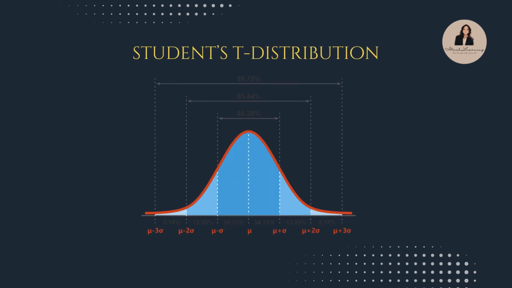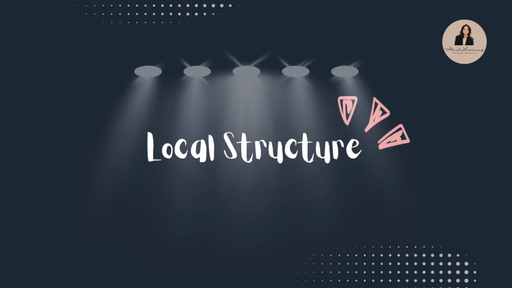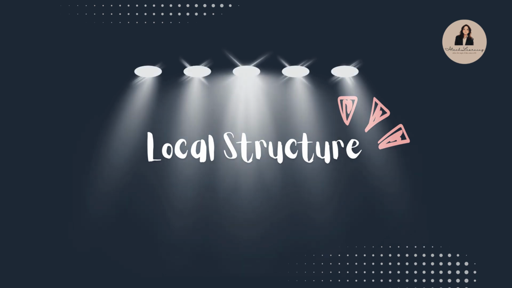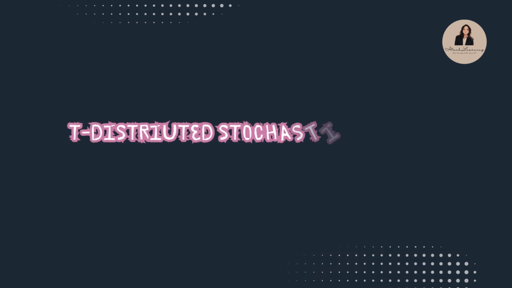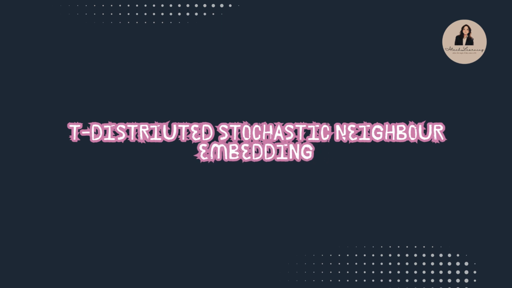t-SNE uses student's t-distribution to calculate the probability distribution between points, and since it mainly focuses on preserving the local structure of data points, concentrating on the neighboring points, it is named t-SNE, which means t-distributed stochastic neighbor embedding.